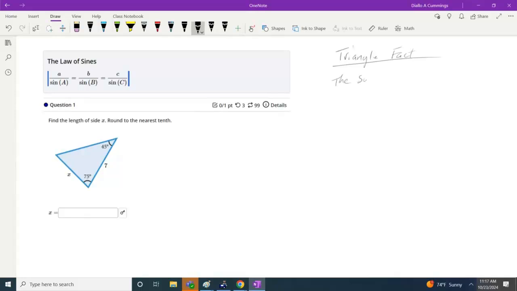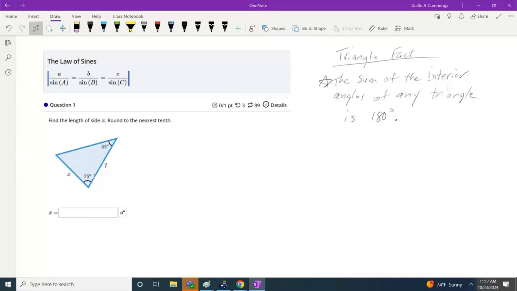The sum of the interior angles of any triangle is 180 degrees. So this is just a fact. No matter what type of triangle you have, you should be able to add up all 3 angles, and they should sum up to 180.